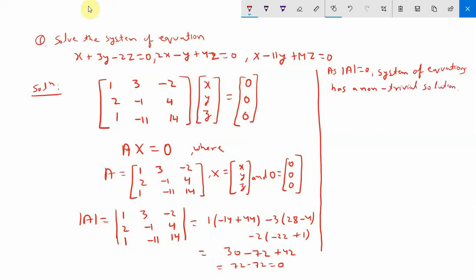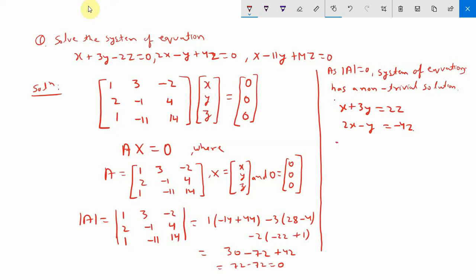Okay, so we can write the first two equations as x plus 3y equal to 2z and 2x minus y equal to minus 4z. We will try to solve these equations and find x and y in terms of z.